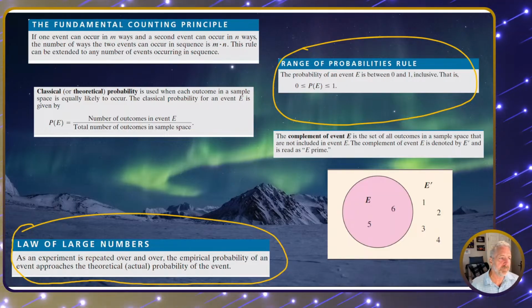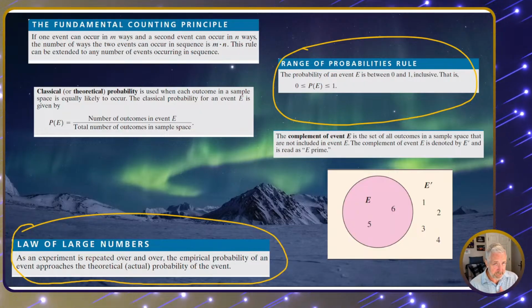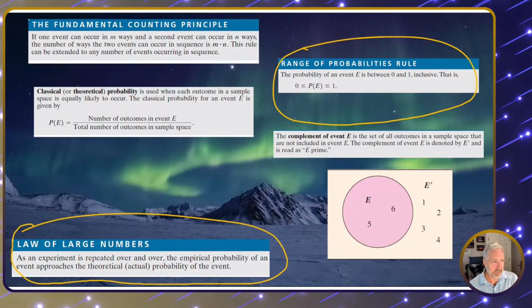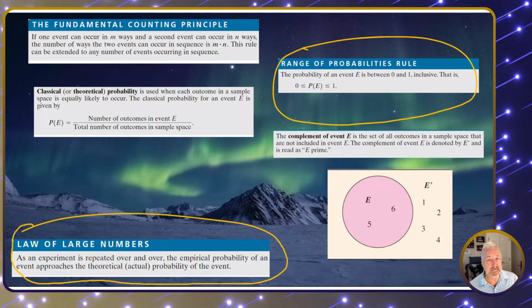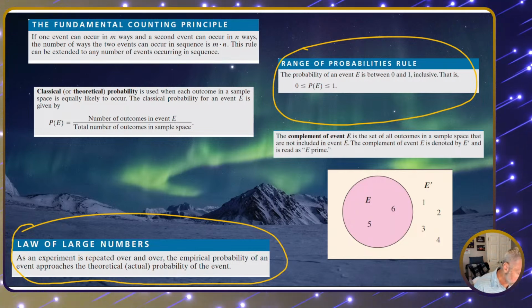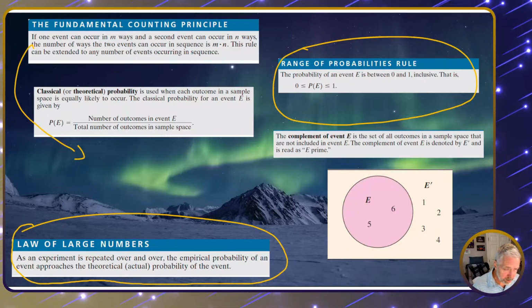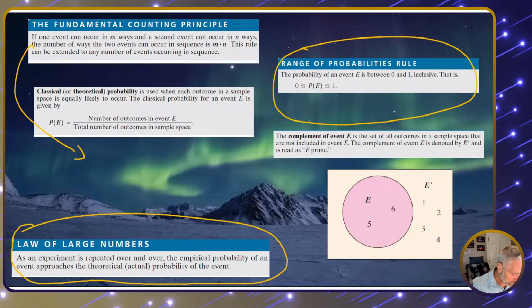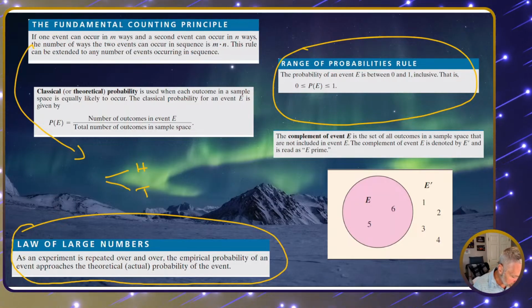Fundamental counting principle. If you've got one event that can occur in m ways, and you've got another event that can occur in n ways, then the number of ways the two events can occur in sequence is m times n. You can think about the fundamental counting principle, in my opinion, in terms of the tree diagrams, which I spent quite a bit of time on. If I'm flipping a coin, I get heads, tails.